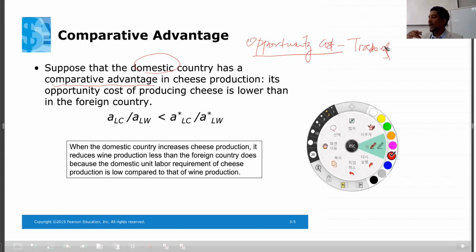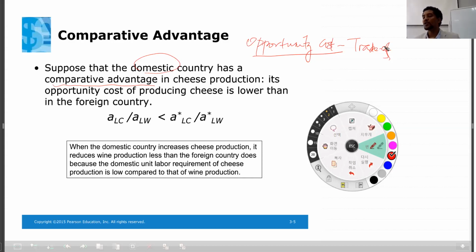So a domestic country can produce both cheese and wine, but the opportunity cost of producing cheese is, let's say, lower than the opportunity cost of producing wine.